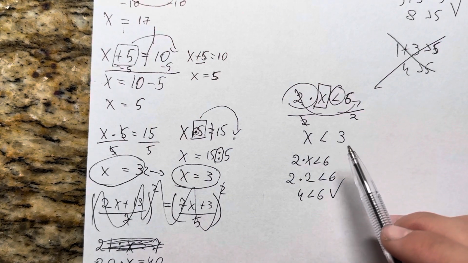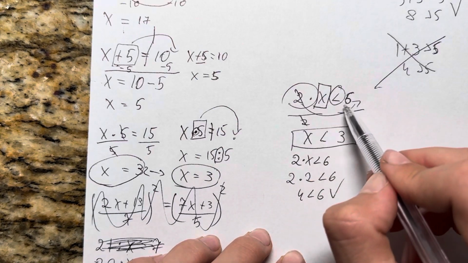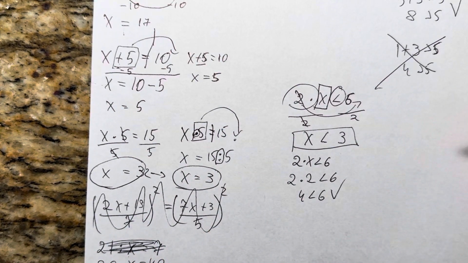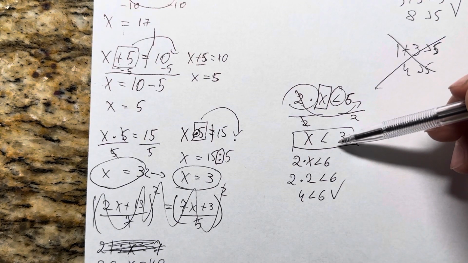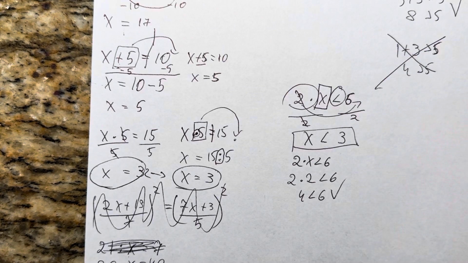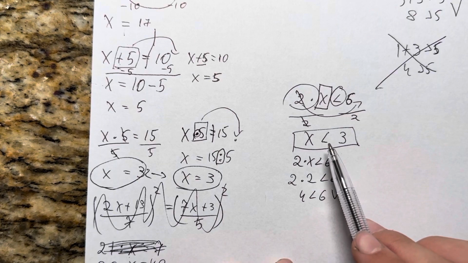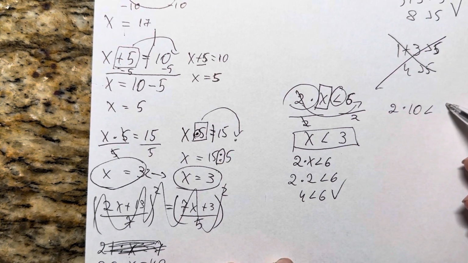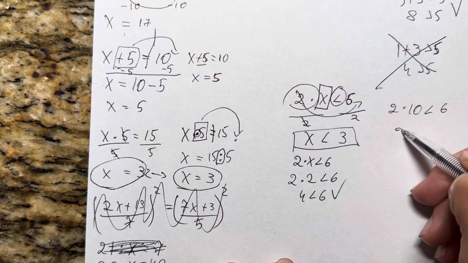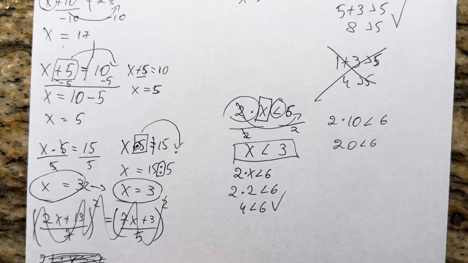But if you pick a random number that does not follow this rule, for example 10, then 2 times 10 is 20, and 20 less than 6 is not correct. 20 is not less than 6.